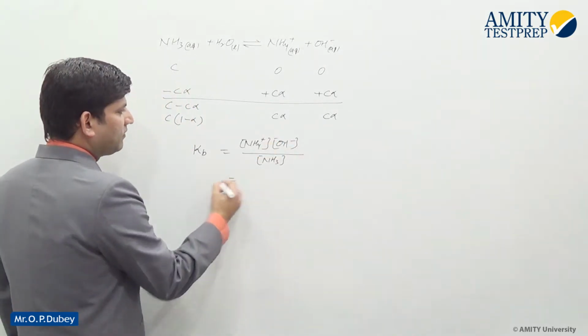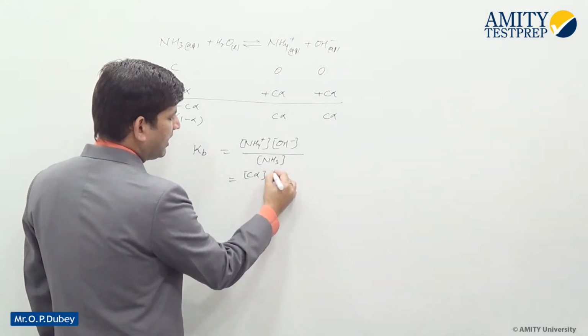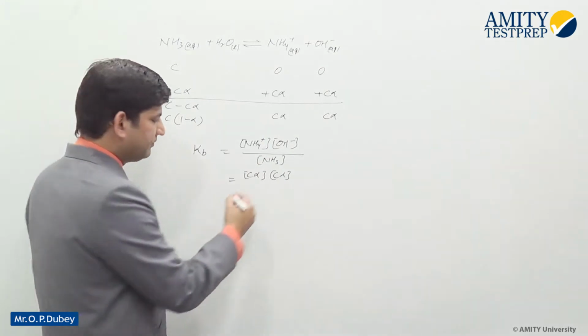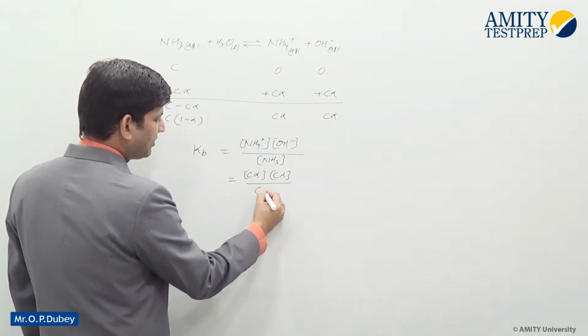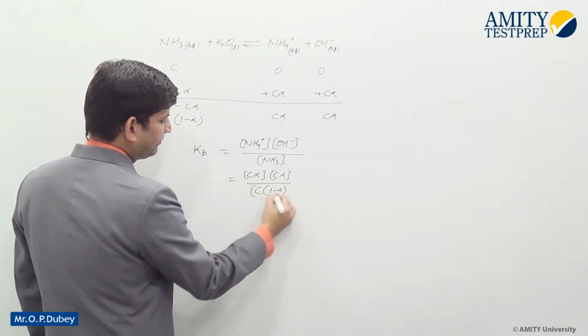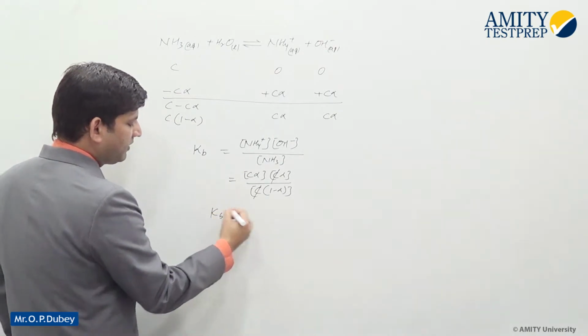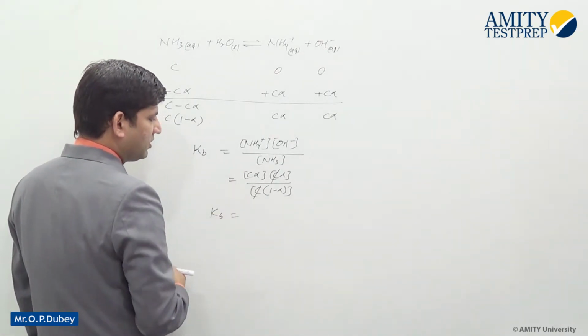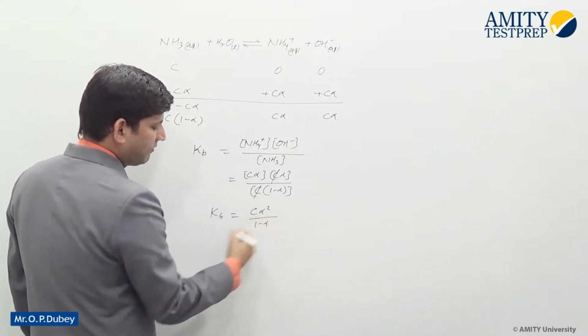The concentration of ammonium ion at equilibrium is C alpha, the hydroxyl ion concentration is C alpha, and the concentration of ammonia is C(1 minus alpha). Now the C cancels out. Now the expression of Kb for this dissociation equilibrium is C alpha square upon 1 minus alpha.